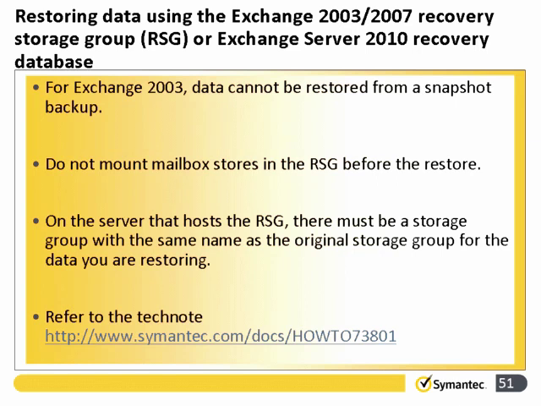So everything is dismounted, you do the restore, and then you can mount the mailboxes. On the server that hosts the recovery storage group, there must be a storage group with the same name as the original storage group. If you need help with this, there's a tech note, How To 73801, that will help you configure Exchange to use this recovery storage group.